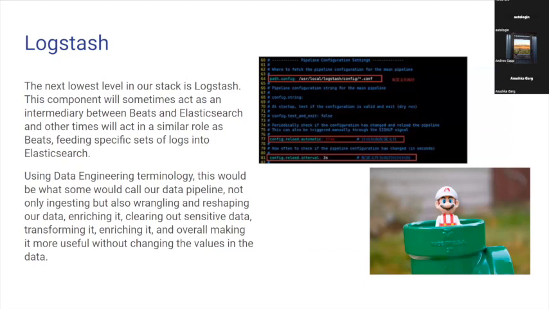It works strongly with the Elasticsearch and Kibana synergy, and it dynamically unifies data from disparate sources and normalizes the data into the destination of our choice. It has over 200 plugins, and using data engineering terminology, this would be called data pipelining. It will overall help make the data more useful without changing the values in the data.